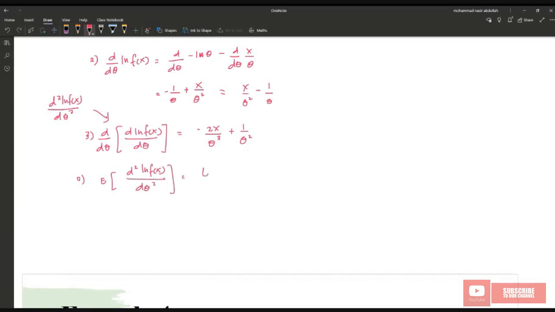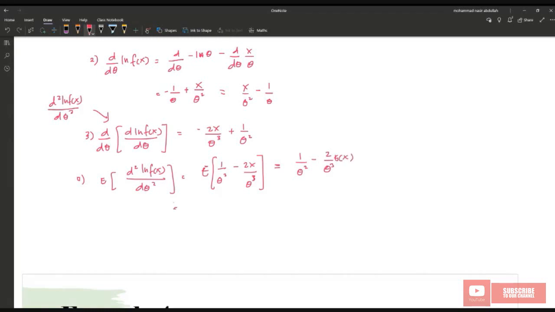So this one, the expected of 1 over theta squared minus 2x over theta to the power of 3. Right, so this one should be equal to 1 over theta squared minus 2 over theta to the power of 3 times expected of x.